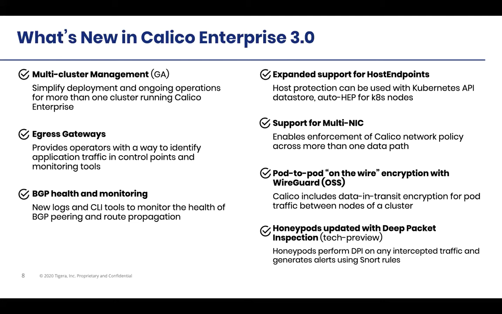This solves a lot of really common challenges that our customers are running into when you have applications that need to access endpoints outside the cluster, and you need to be able to define rules effectively within control points like firewalls, or maybe you have monitoring tools that are looking at that traffic that need to be able to associate IPs with specific namespaces or applications running within the cluster. And I'll go into more detail on that one.